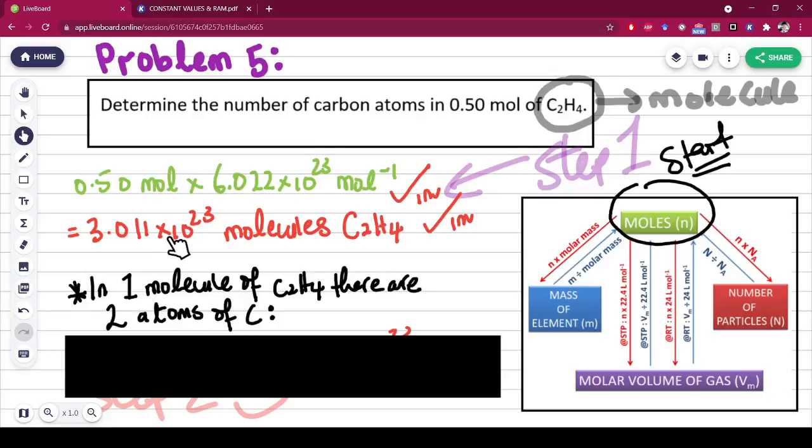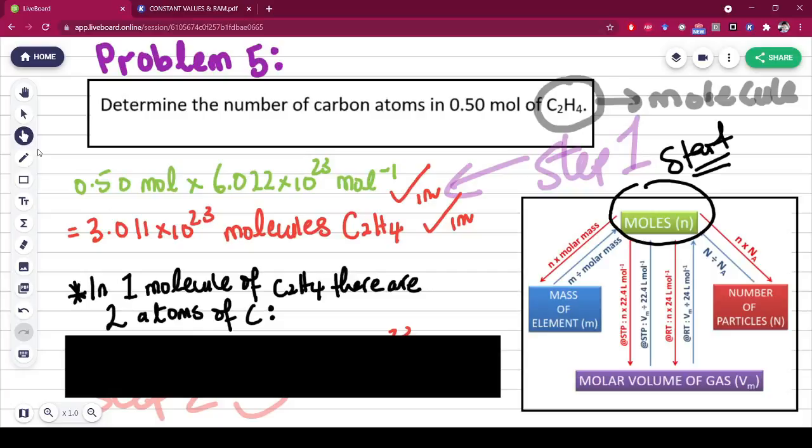You have to times 2 here because this is the number of molecules. Number of molecules for 0.50 mole. In one molecule, you have 2 atoms of carbon. So in 3.011 times 10 to the power of 23 molecules, huge number, a lot of molecules of C2H4.